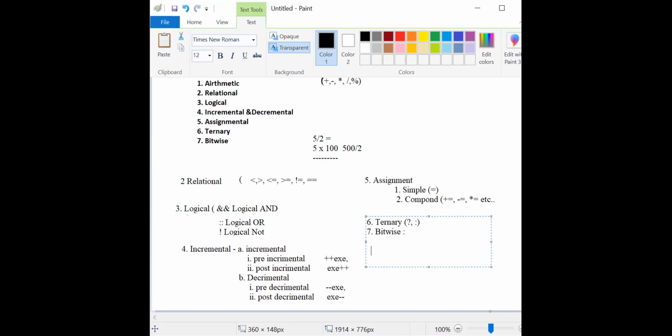Whenever you use the AND operator or the OR operator between bulk values, the bitwise operator automatically provides the lump-sum, big value. That is the use of bitwise operators.